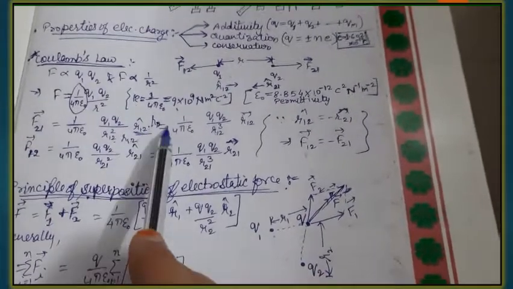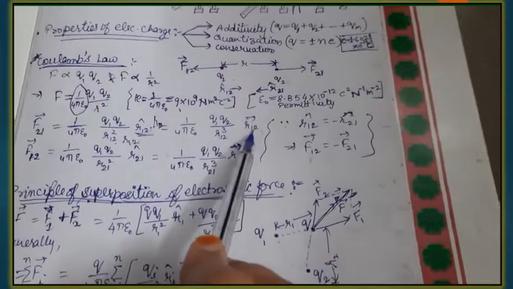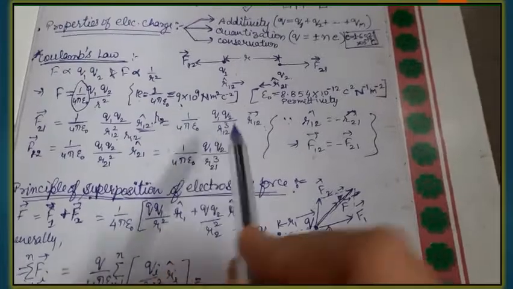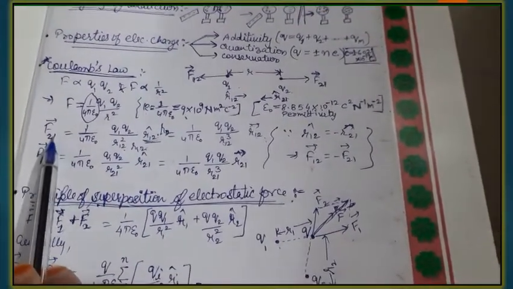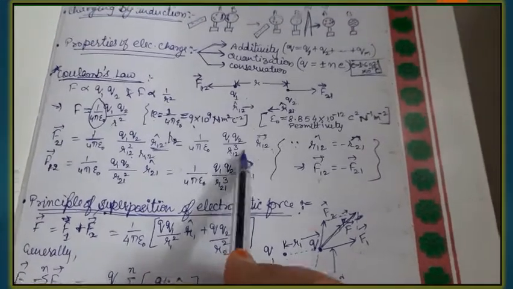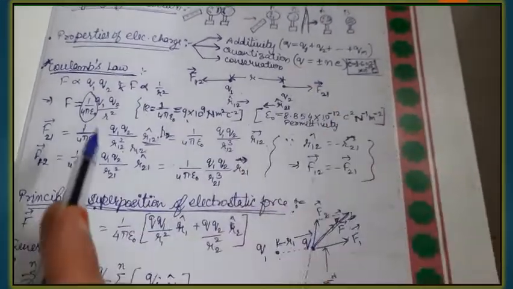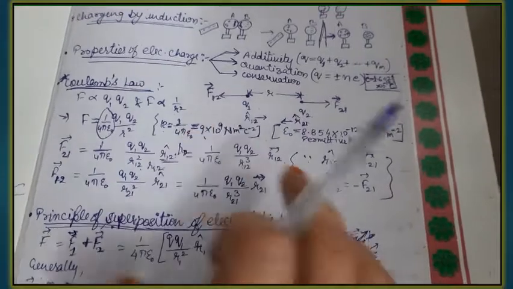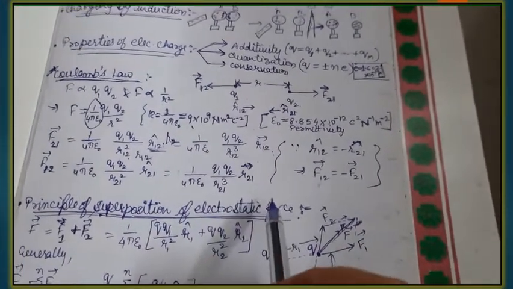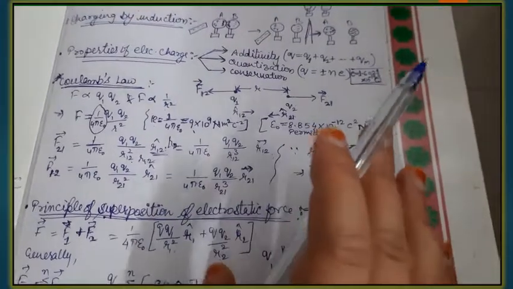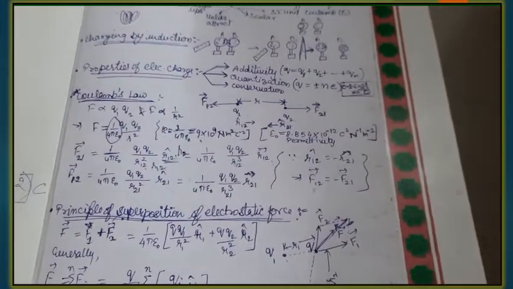So this can be written as vector R12, and this is R12 cube. So this is another form of writing the expression of force in vector form. You can either write the earlier one with cap, or you can write this. So this is the vector form expression of force due to Coulomb's law.